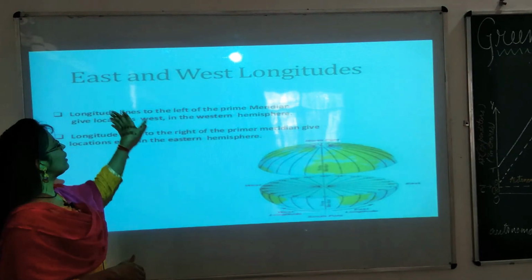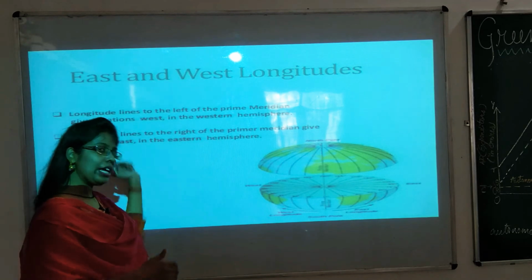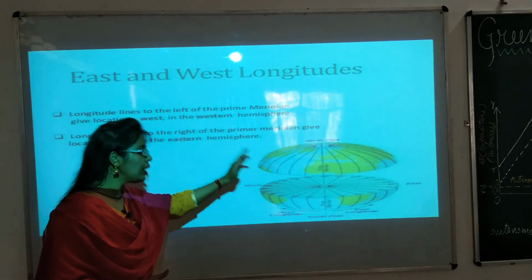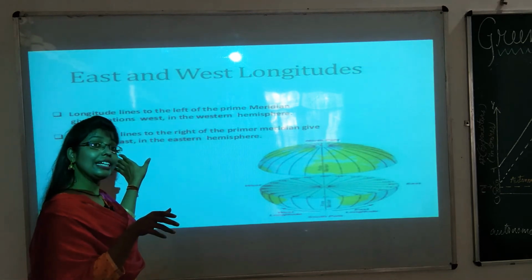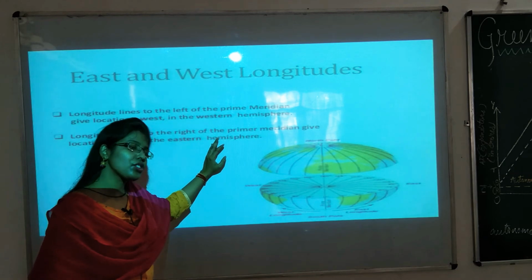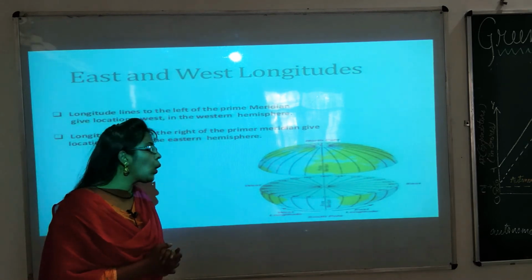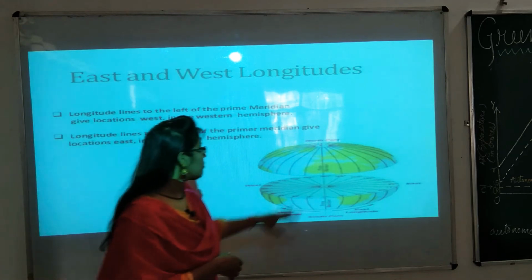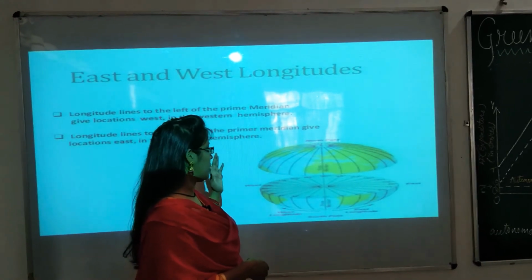Longitude to the left of the prime meridian gives location west in the western hemisphere, and to the right it gives location east in the eastern hemisphere. So this is about east and west longitudes.